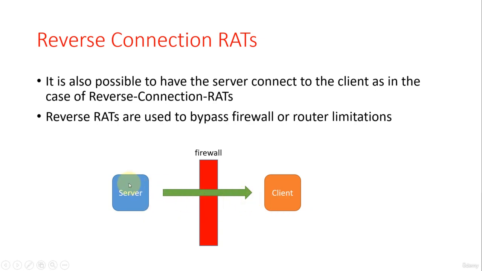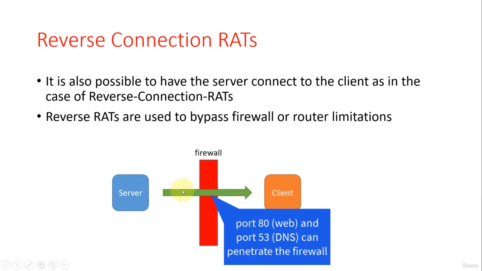So if you are planning to target a particular machine inside, after you have managed to infiltrate through a phishing attack, for example, to install a RAT in the server, then the RAT will initiate the connection.